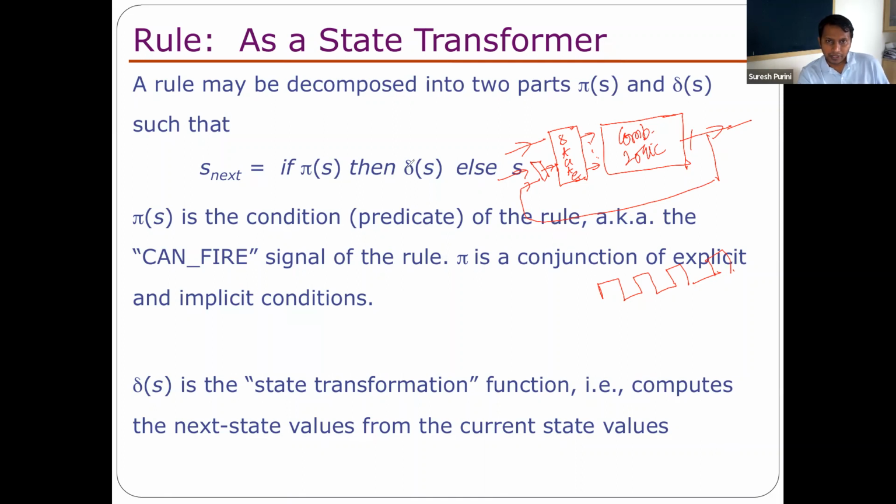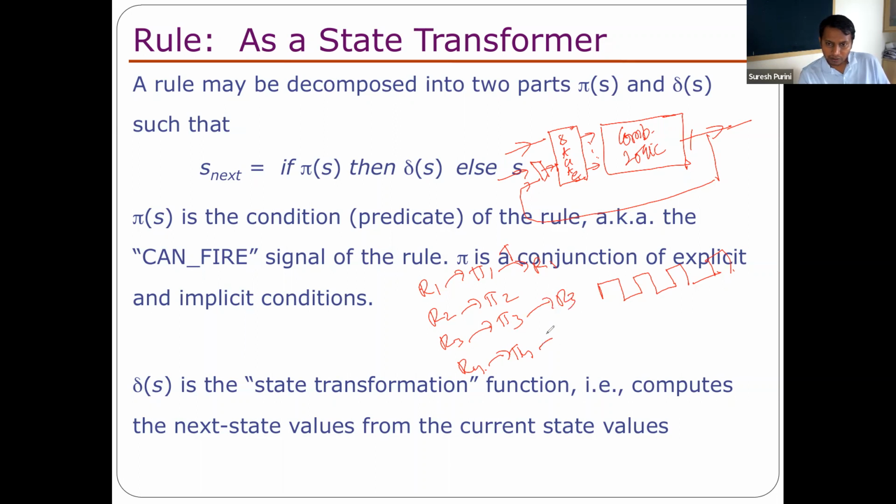Here, your system can be a collection of rules R1, R2, R3, R4, and associated with every rule there is a predicate pi1, pi2, pi3, pi4. If these predicates are true, let's say the predicate associated with R1 is true and the predicate associated with R2 is false, then you don't go to the next stage.